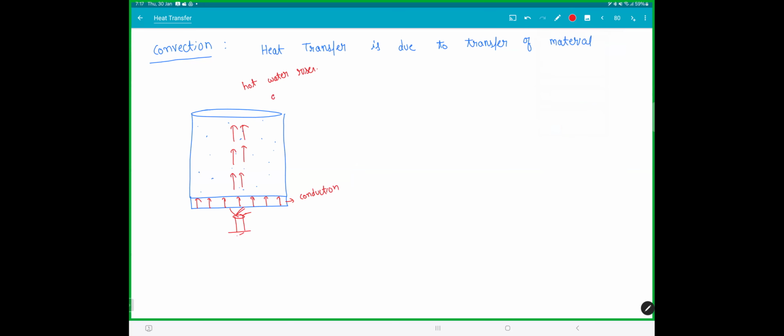As it comes to the surface, it starts cooling down, density increases, and the water will start sinking. The cycle will just keep on happening. So heat is literally transferred up and down due to the material transfer. Convection is very difficult to study, but we study a special case.